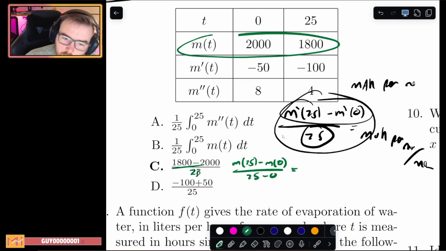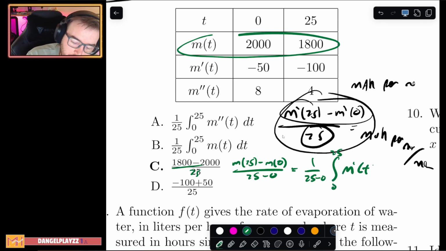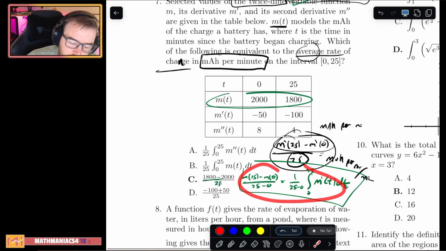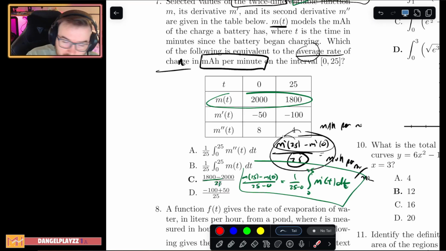You know what this is equal to? 1 over 25 minus 0 times the integral from 0 to 25 of m prime. You realize these two things are equal to each other? Because when you integrate m prime, you get m. So when it asks for the average rate of change, or even average rate of charge, this is the only option.